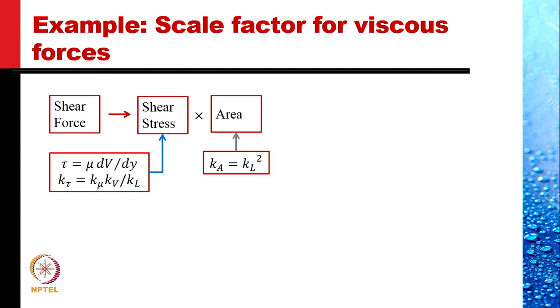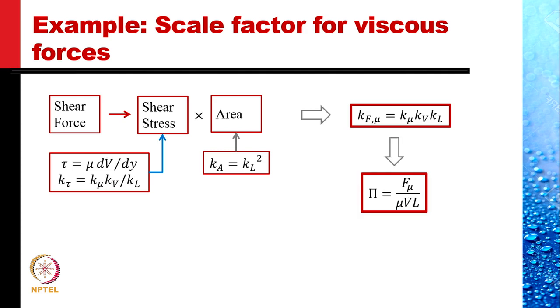Scale factors for area is easily written as Ka is equal to KL square. So, the scale factor for the shear force, which you denote by Kf comma mu, is nothing but K mu, Kv, Kl.